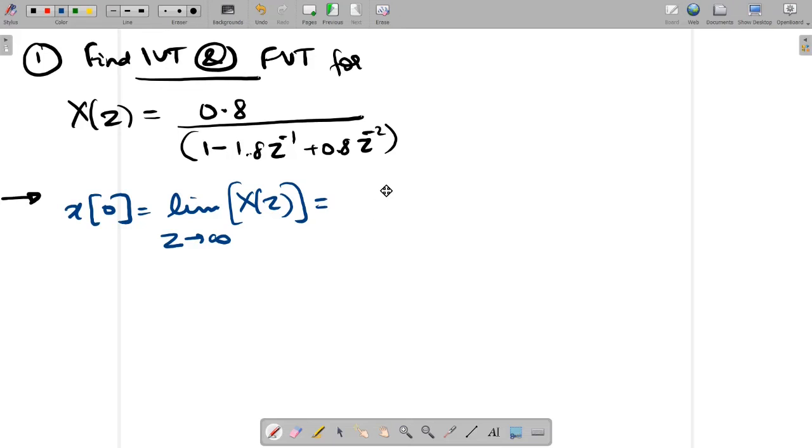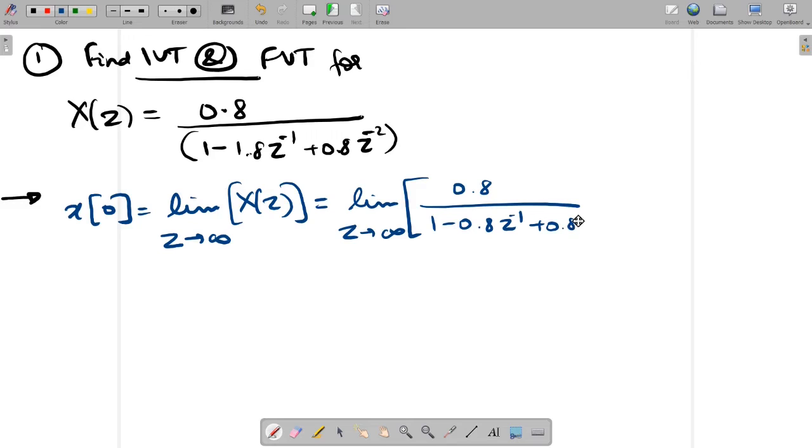is equal to limit z tends to infinity x of z is 0.8 upon 1 minus 0.8 z inverse plus 0.8 z minus 2. The z inverse can be written as 1 upon z, and z minus 2 can be written as 1 upon z square.